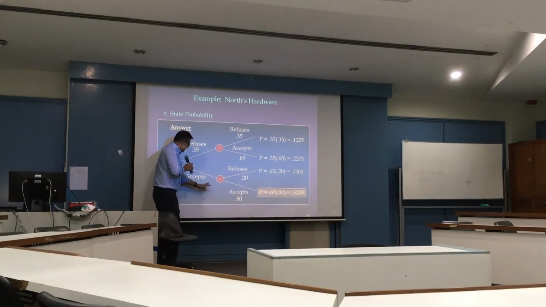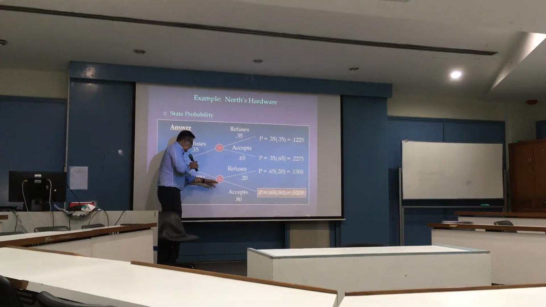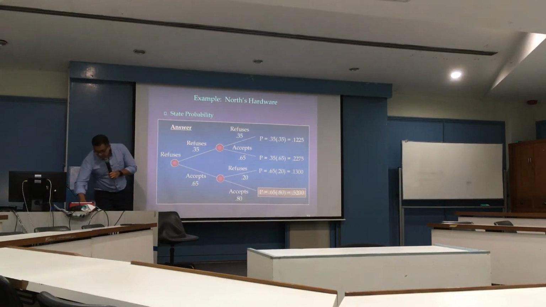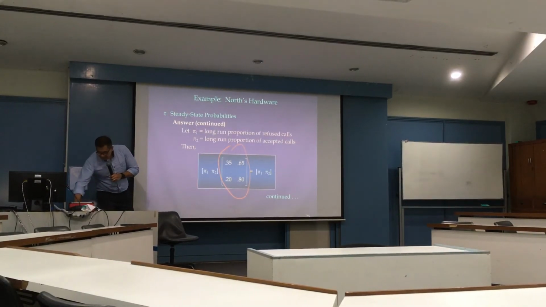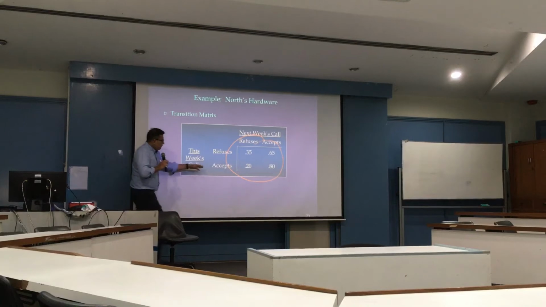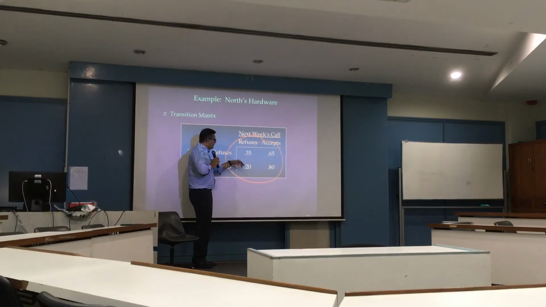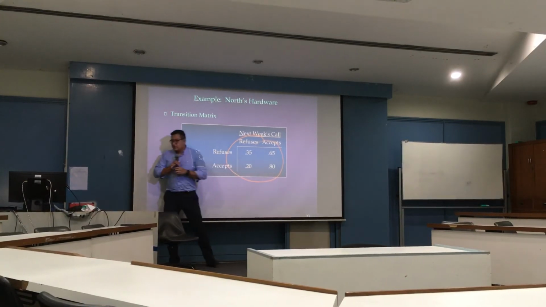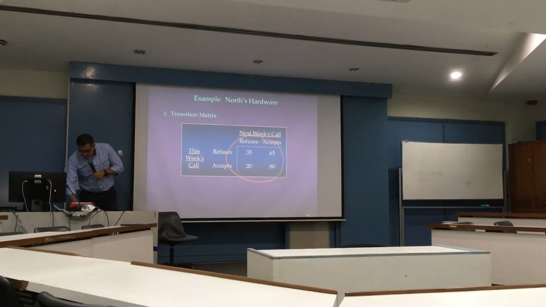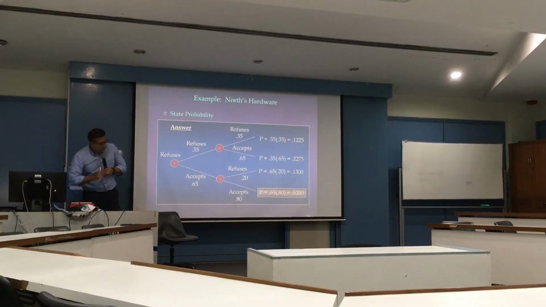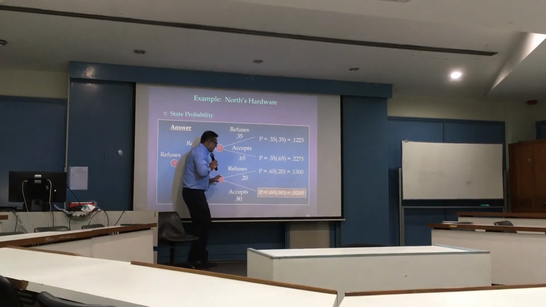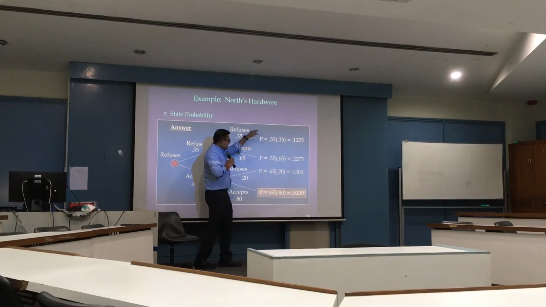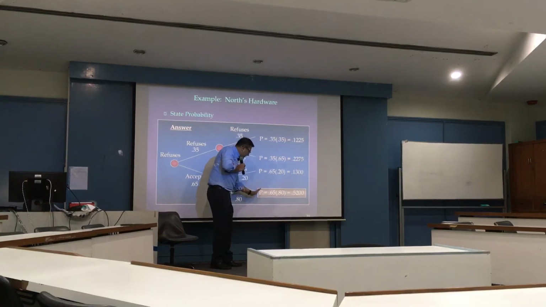For this situation, the current state is accept the call. When you have the state of accept the call, now you have 20% to refuse and 80% to accept. That's why you change here. So this is the probability for each of these 2 weeks.